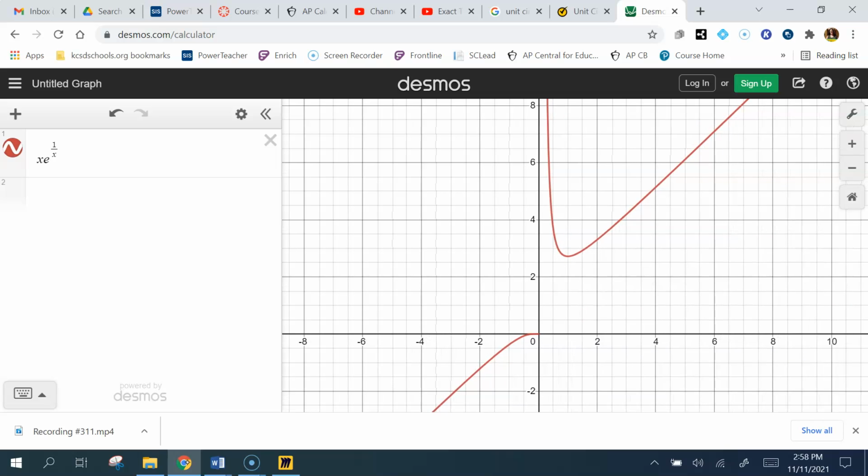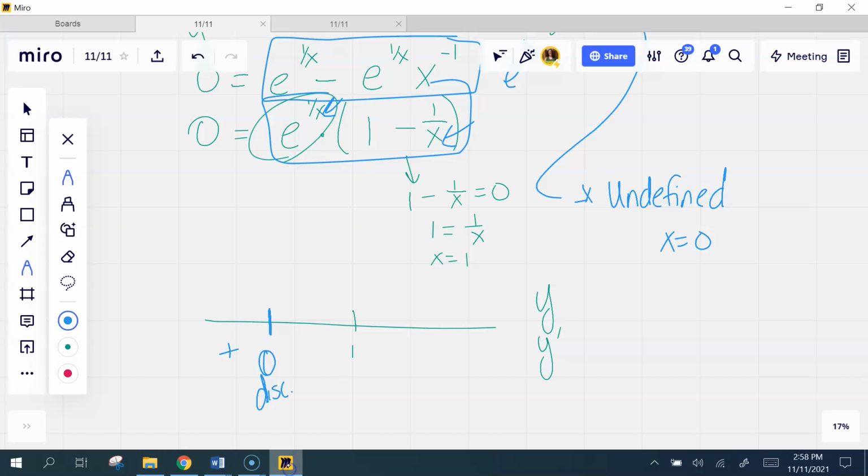So what I should find is that I have a minimum value here. That should be my 1 value that I found on my derivative equaling 0. But of course here x can't equal 0 because I would have that 0 in the denominator. So I'm going to continue on.